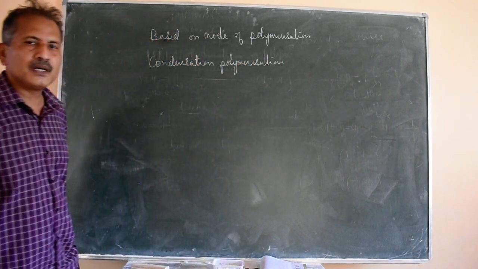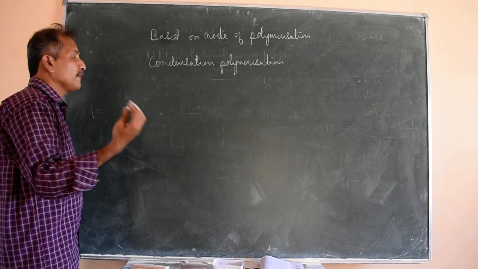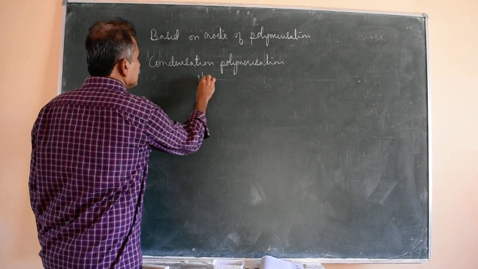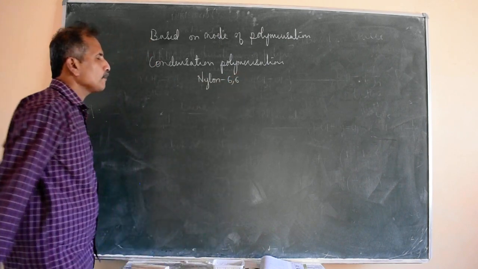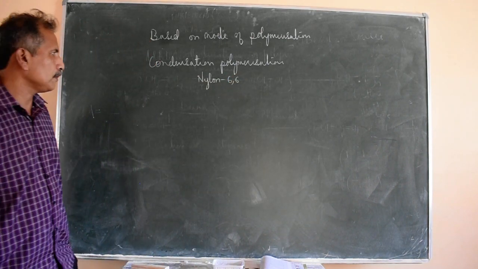So the best example here can be given: nylon 6,6. It's a good example for condensation polymerization.